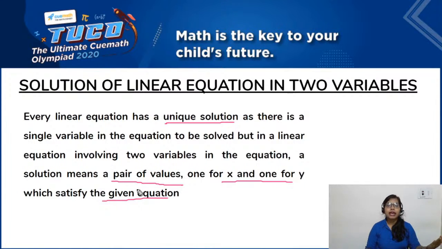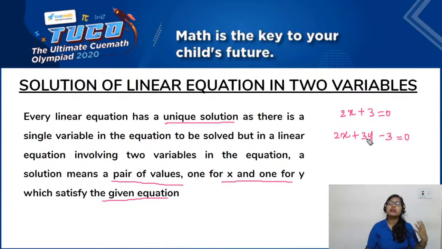What this means exactly is, whenever we have a simple linear equation, let's say 2x plus 3 is equal to 0, in such cases we just have one solution to this equation as it is a one variable linear equation. But whenever we have a two variable linear equation, let's say 2x plus 3y minus 3 is equal to 0, that's when you will have the solution existing in pairs.